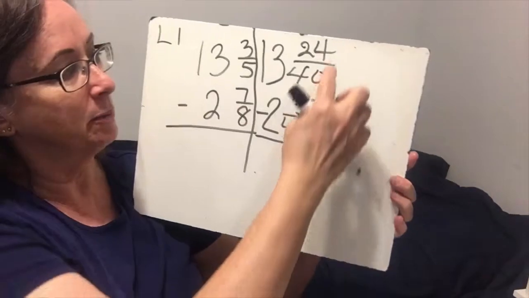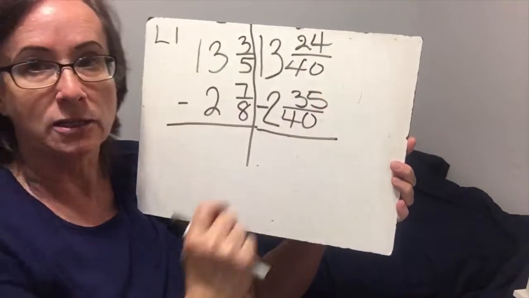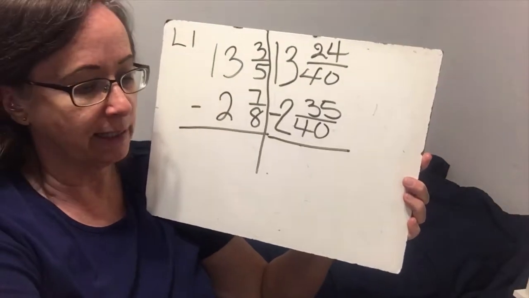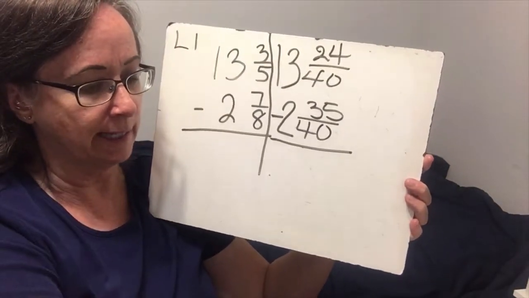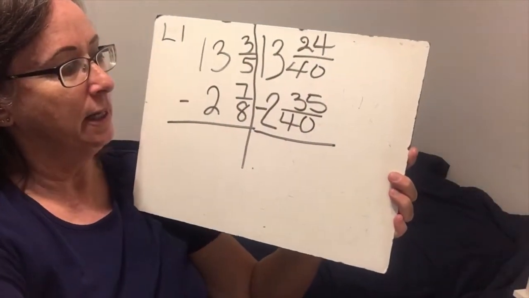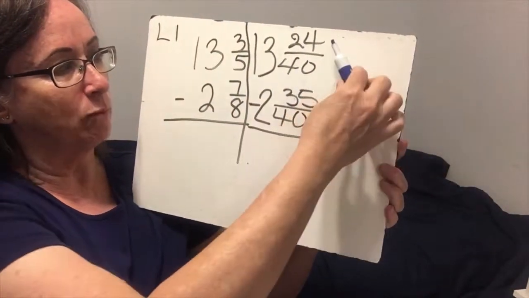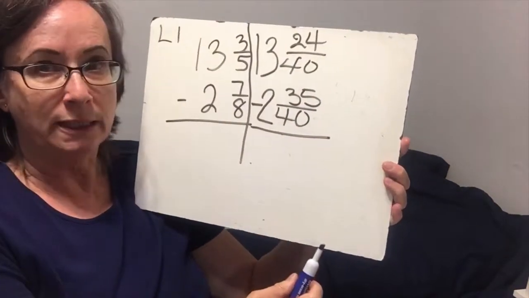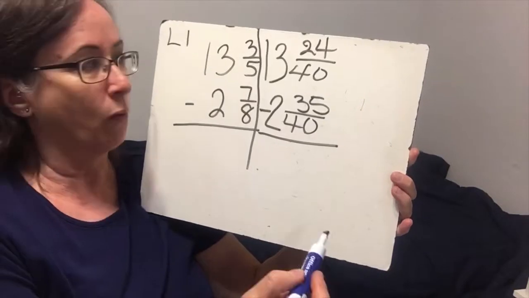But I have a problem. 24 minus 35. Okay, so I'm going to get a different colored marker just so that you can see it. I'm going to pick up a blue one. So whenever this happens and we have a smaller number minus a larger number, we're going to need to borrow or rename.